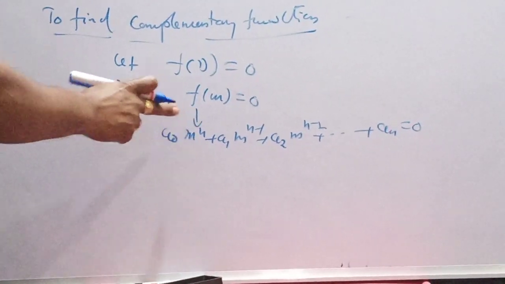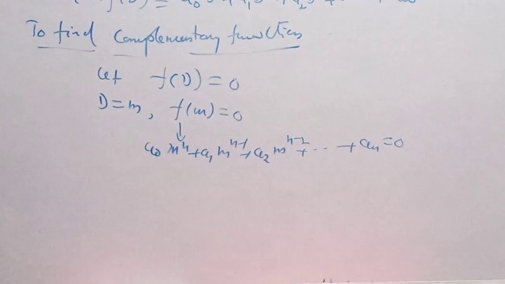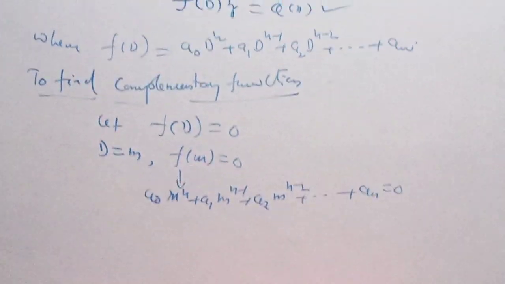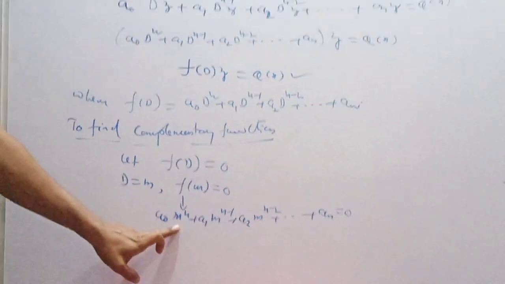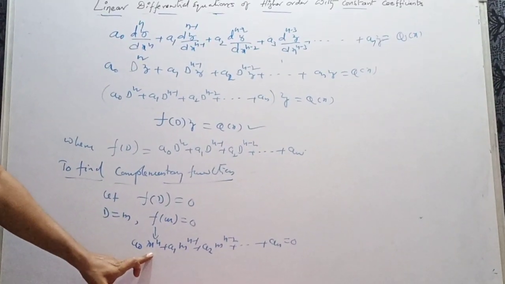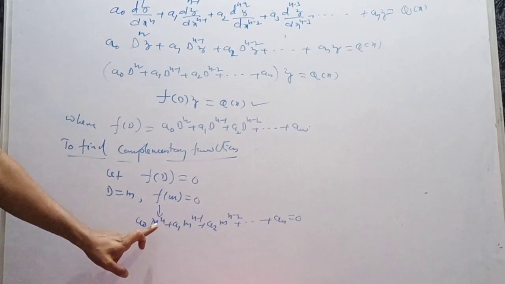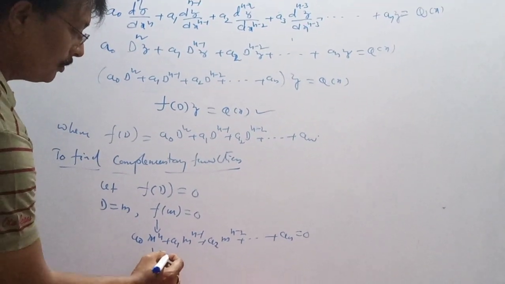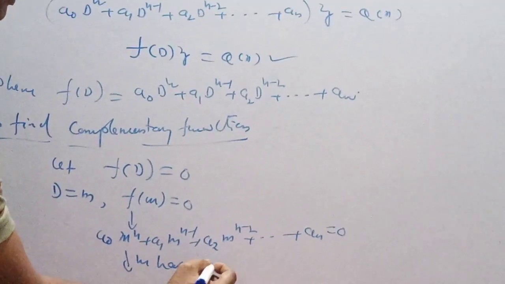Every nth degree equation has n number of solutions or n number of roots, so this equation also has n number of roots. So m has n number of roots.